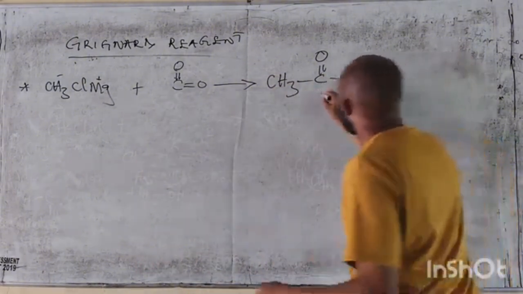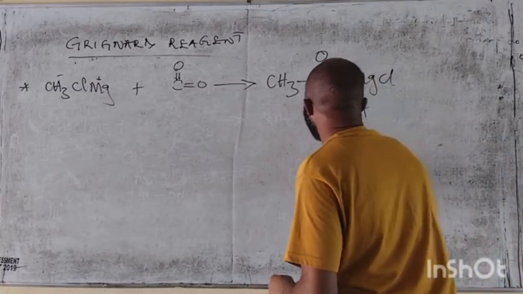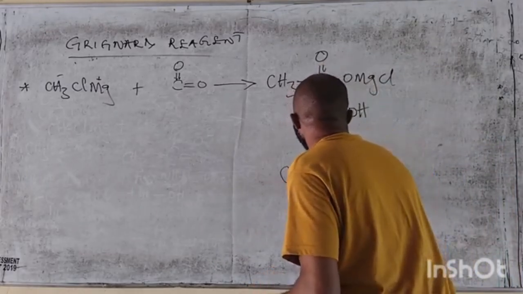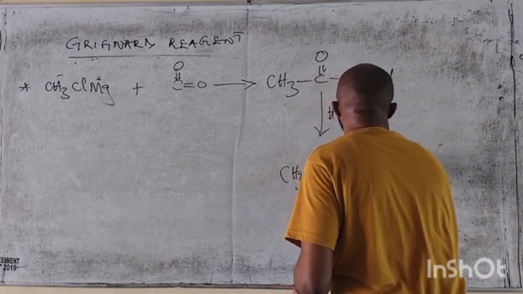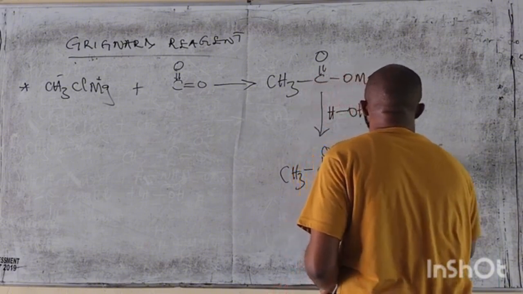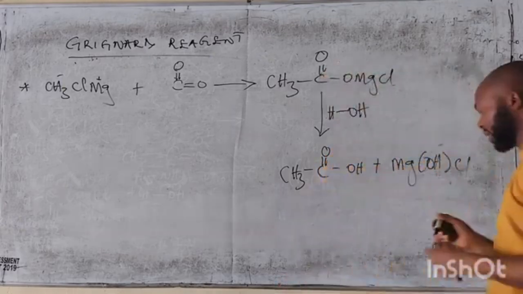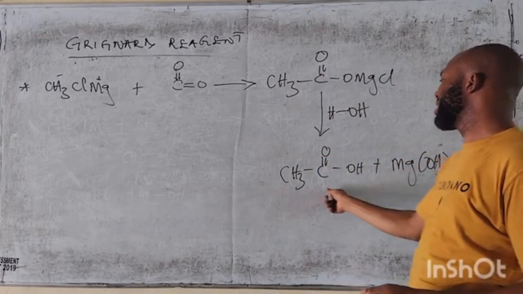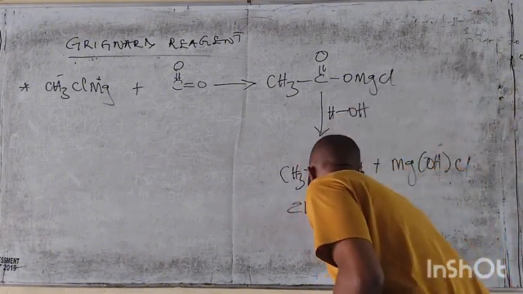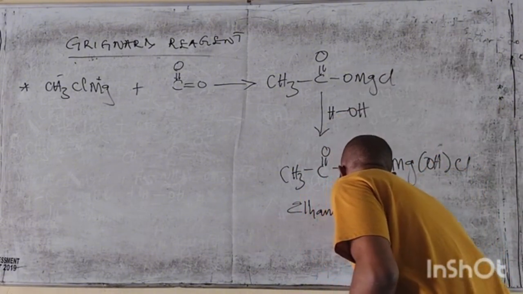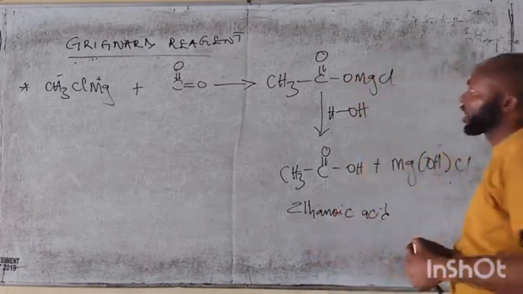In the presence of water, the hydrogen hydroxide, I have my CH3, C double bond O, OH, plus MgOHCl. This other OH, that is what comes in here. So this is my ethanoic acid.